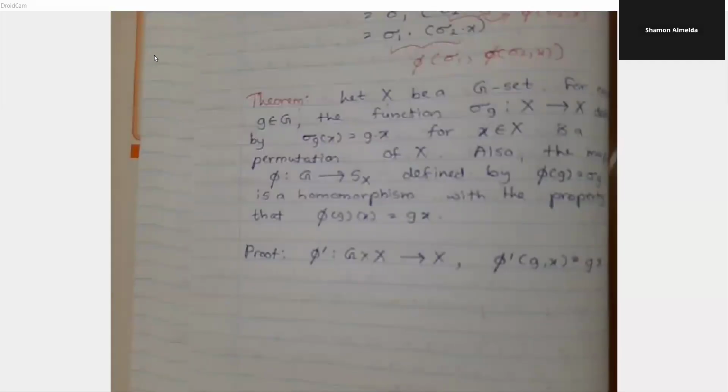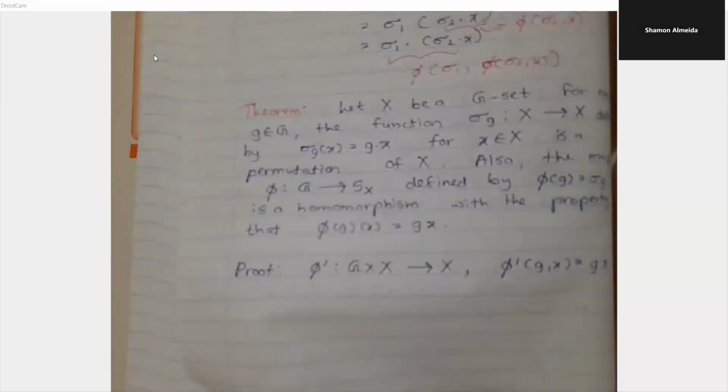So how do we prove that this given function is a permutation? To prove that it's a permutation of X, we only need to show that it's one-to-one and onto. It has to be onto and one-to-one to be a permutation.